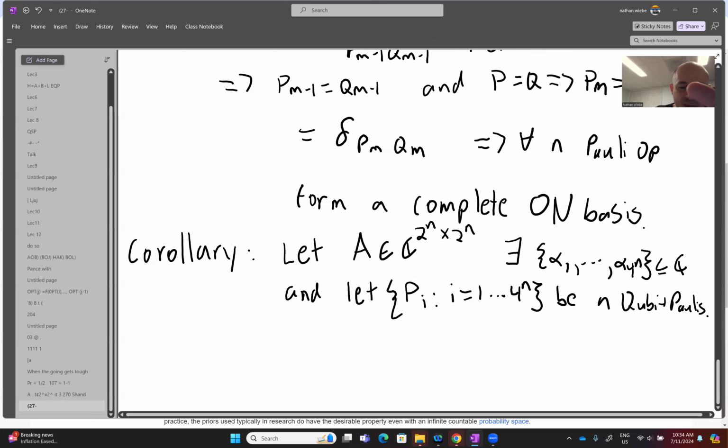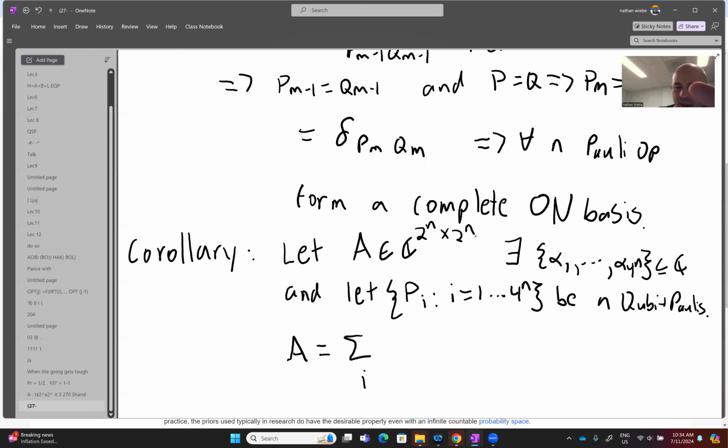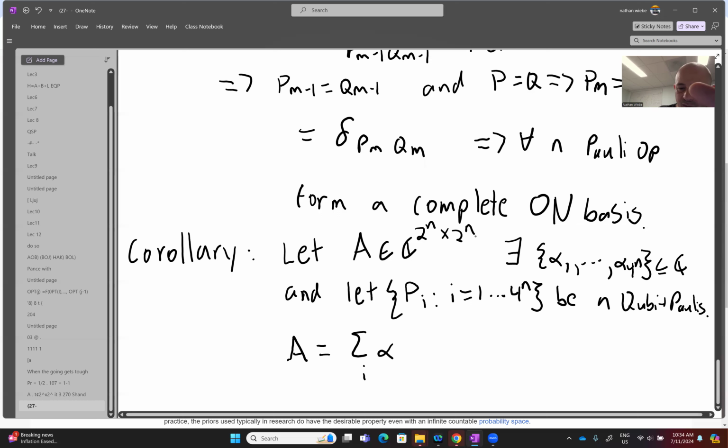Then in this case, we end up having that A can just be written as the sum over i, alpha i, Pi, for alpha i equals the inner product of Pi and A.